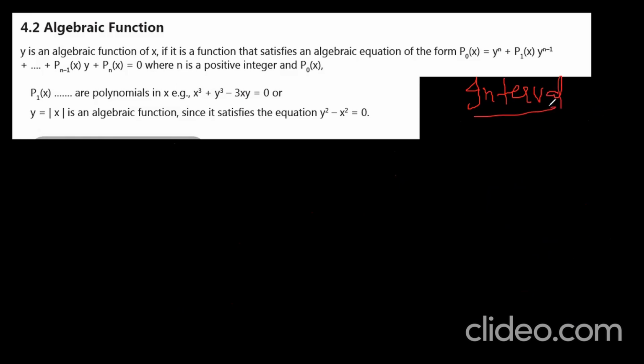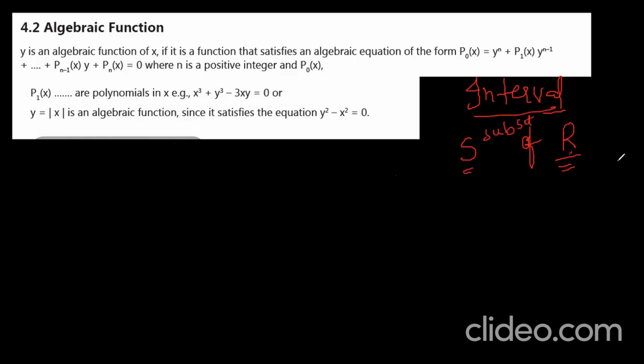Now observe the interval. First, what is an interval? Let us observe. I am taking a subset S of R. R is a big set, the universal set, and from this S is some subset.